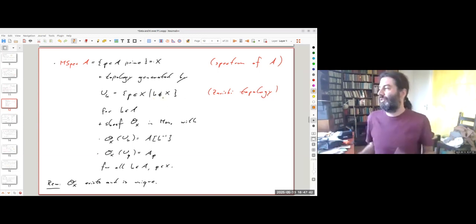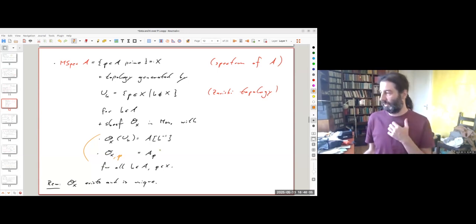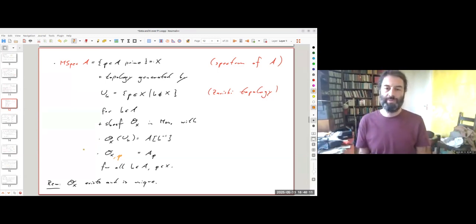But the topology is generated by opens, of course. And there's a sheaf in monoids, which is uniquely determined by the values on an open set U_H. It's the localization of A at H. And the stalk at a prime ideal P, which is a point of our space, is the localization at P. So in total analogy to what we do when we define a scheme.